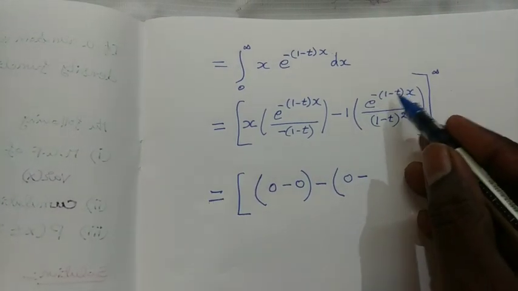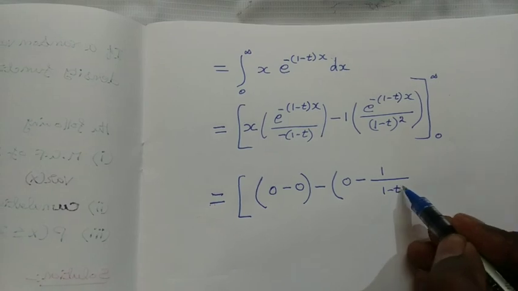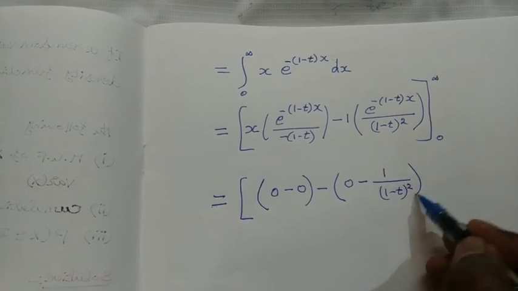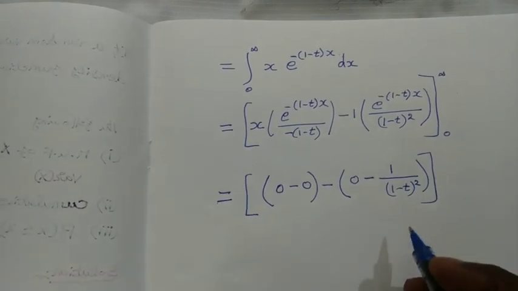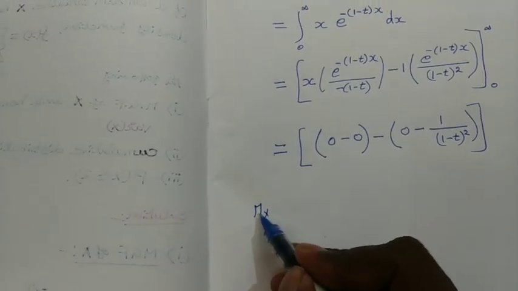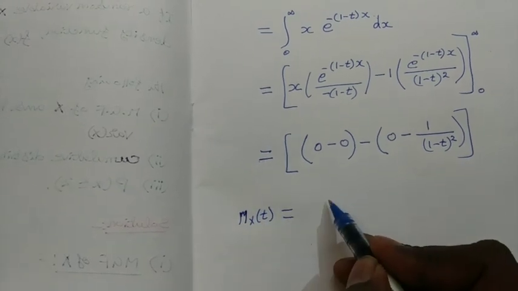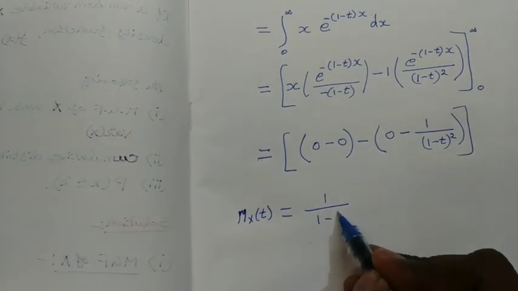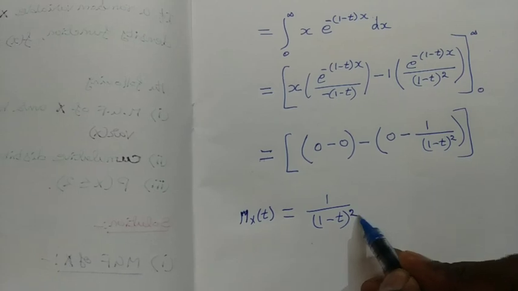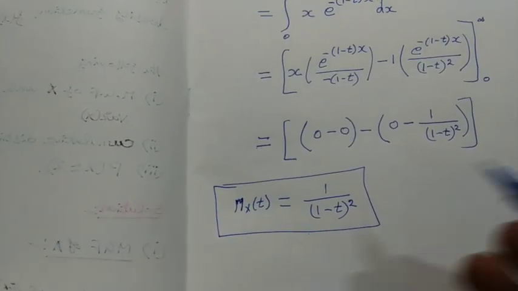Substituting 0 in the second term, e power 0 is 1, so it is 1 by 1 minus t the whole square. Minus into minus is plus, so the moment generating function M_X of t is equal to 1 by 1 minus t the whole square. This is the moment generating function of the given function.